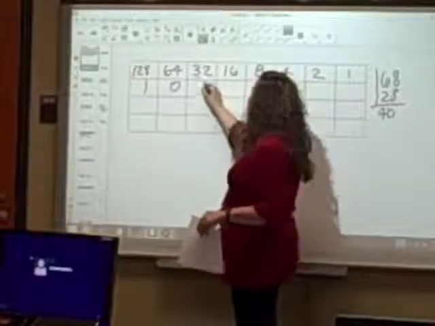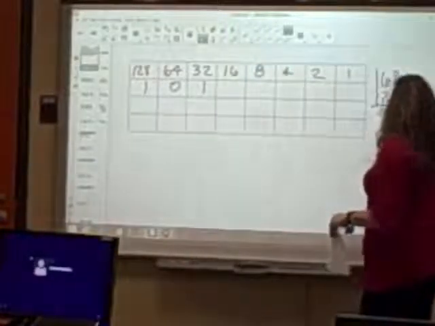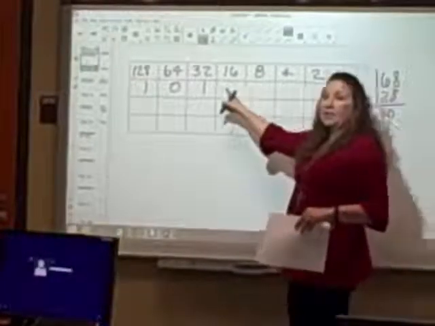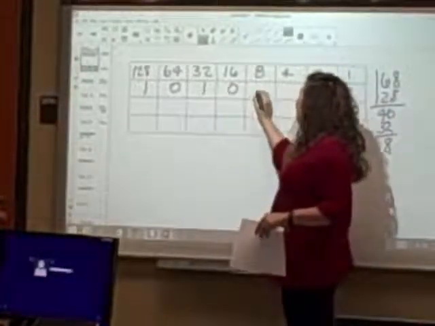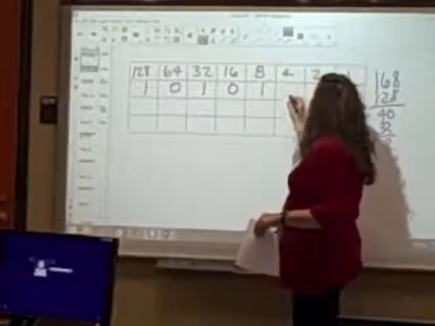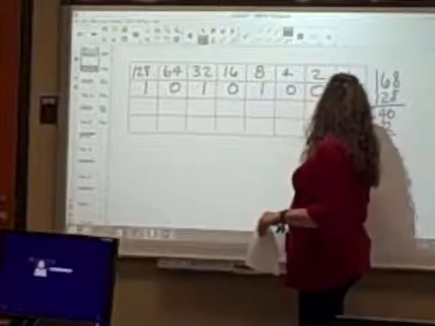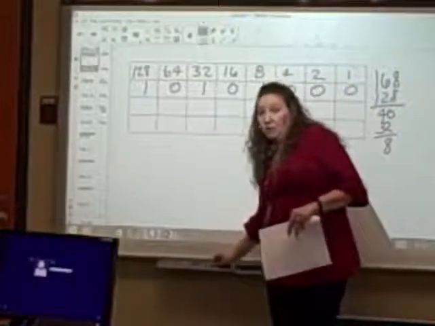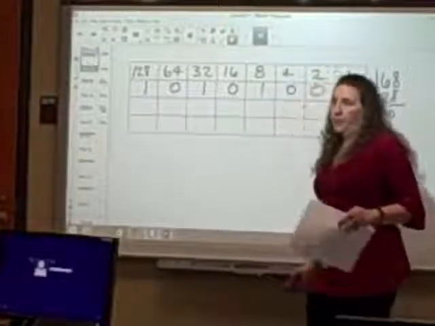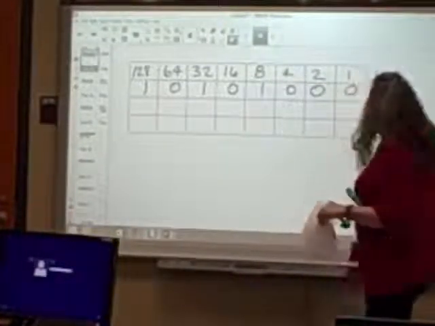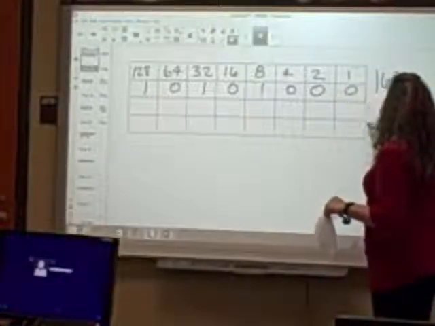Yes. I'm going to subtract 32. And I turn on 16? No. And I turn on 8? Yes. And I turn on 4? No. 2? No. 1? No. Pretty much the only time you have that 1 turned on is with the odd numbers. The only way we're going to get an odd number. Okay? Does that make sense?